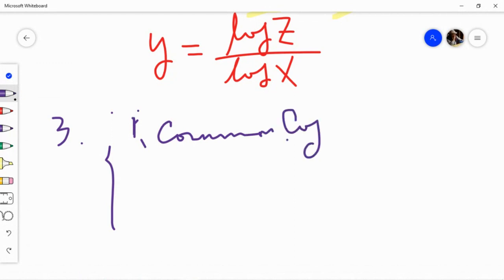And the common log is the log using 10 as the base, right? Like, log base 10 of 1,000, right? And we know this.